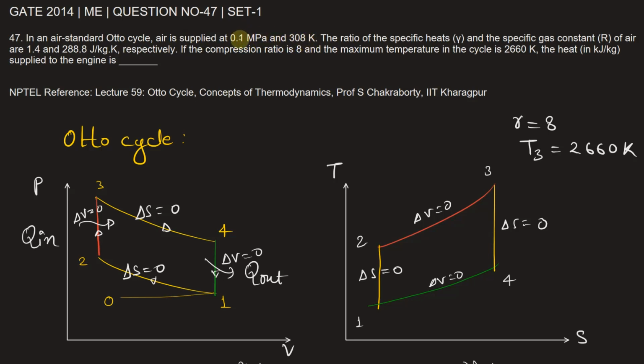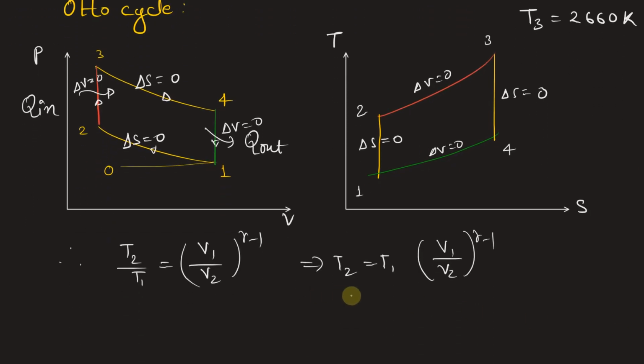That means P1 and T1 both are given. So T2 we can find out. T2 will be equal to T1, that is 308, multiplied by V1 upon V2, that is the compression ratio, so it is 8 to the power of 1.4 minus 1.